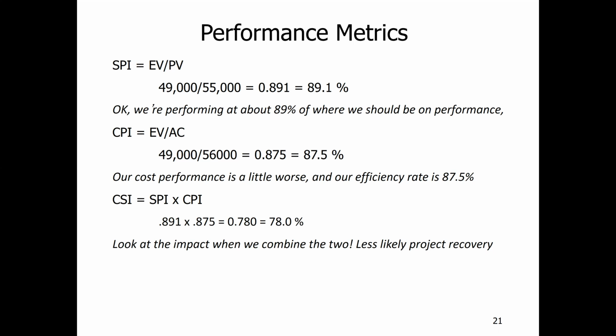Now the cost schedule index is 0.891 multiplied by 0.875, which is equal to 0.78 or 78%. So the value has dropped more. Look at the impact when we combine the two. Recovery of this project is less likely, because we are behind schedule and over budget.